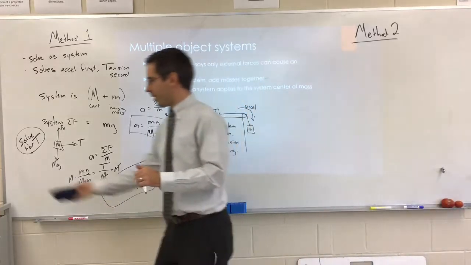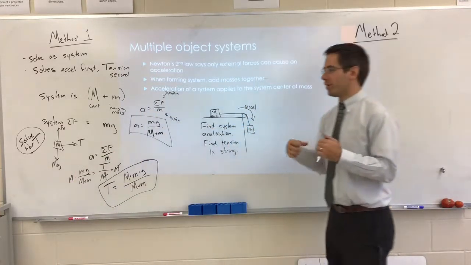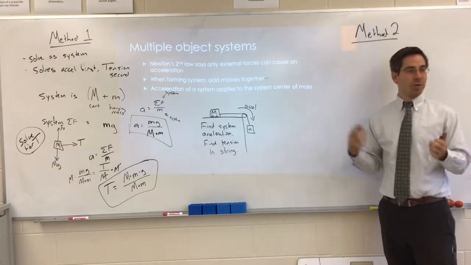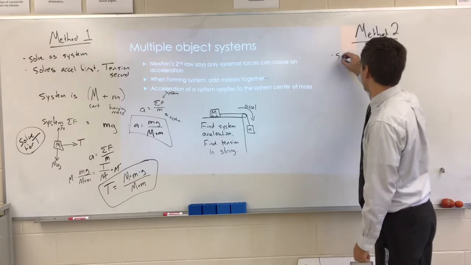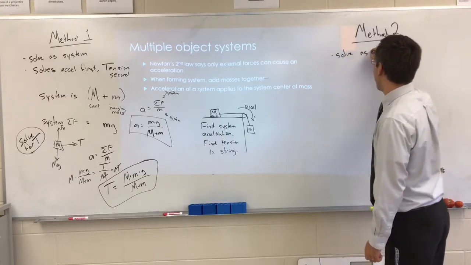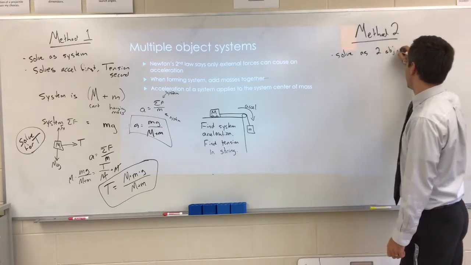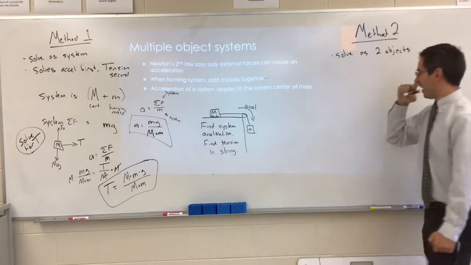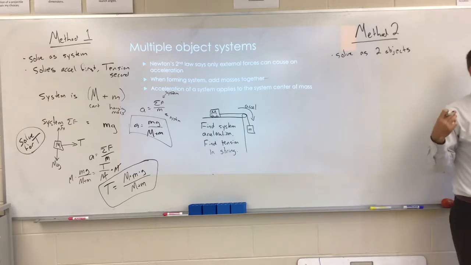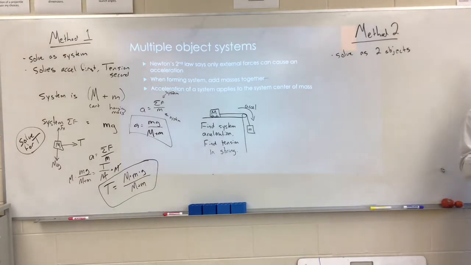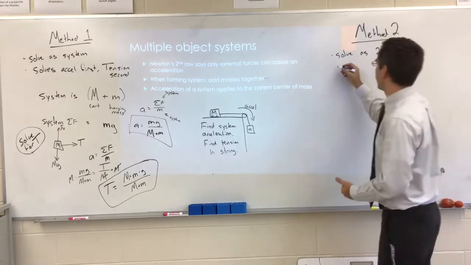So instead of setting them up as a system, we're going to consider both objects separately. There's going to be a little bit of overlap here. This method will end up solving for usually the tension first and then the acceleration second.